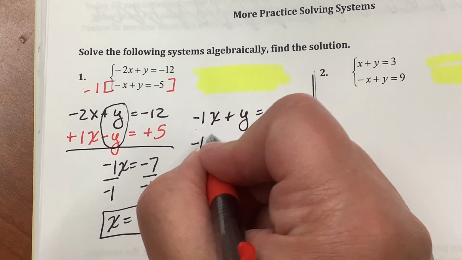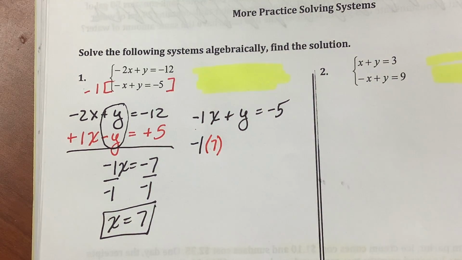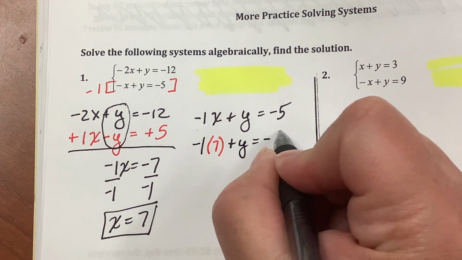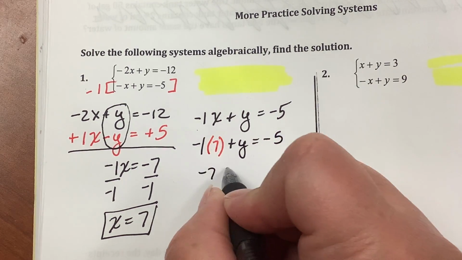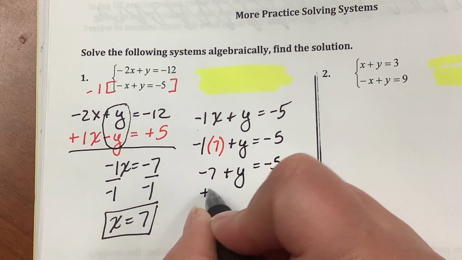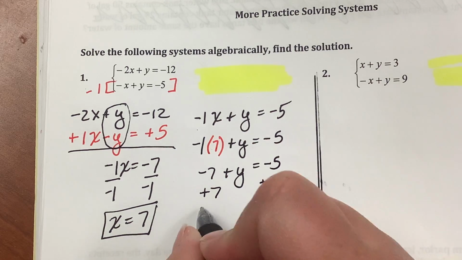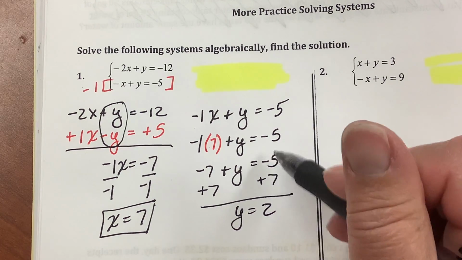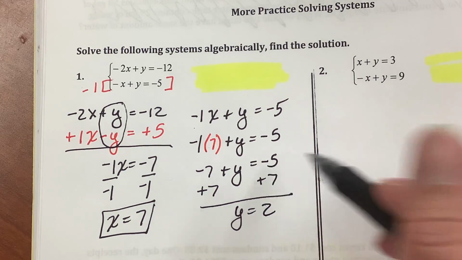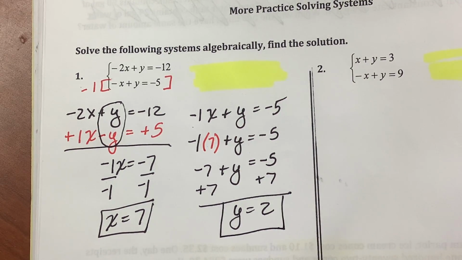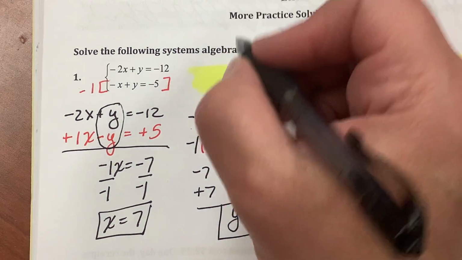Now I substitute my 7 in here. -7 plus y is -5. Add 7 to both sides. And I get y equals positive 2. Opposite signs subtract. Keep the sign of the larger number. Bam. We have our first response. 7, 2.